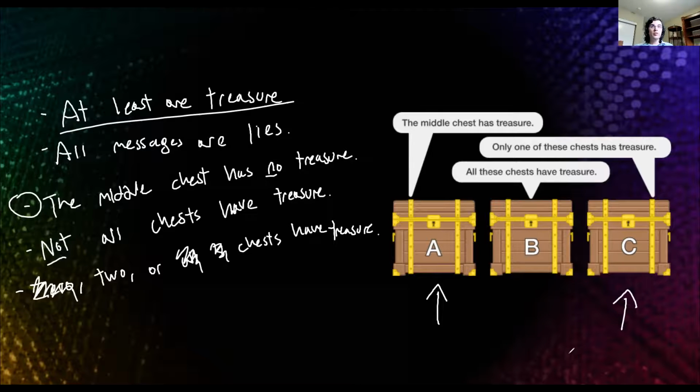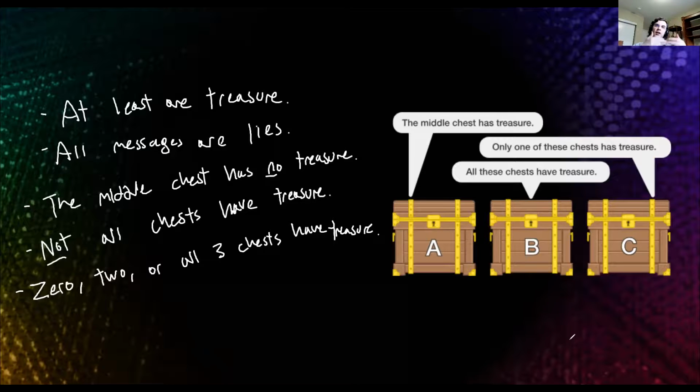It went pretty quick. So let's go back to the start, right? What did we do from the very start there? Maybe you need to rewatch the video, but I want to break it down and make it into a more logical format. Here's all the facts I've been given, right? I'm going to put together things to make contradictions, okay? Not all chests have treasure. 0, 2, or all three chests have treasure. I can eliminate the all three chests having treasure piece, so I know now 0 or 2 chests have treasure.